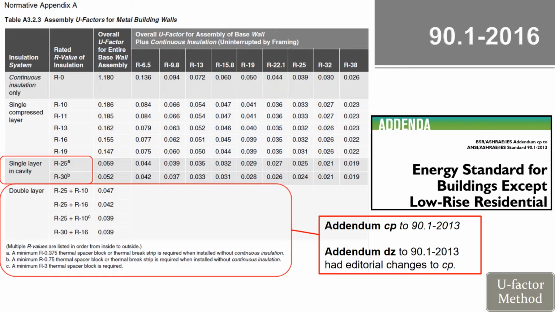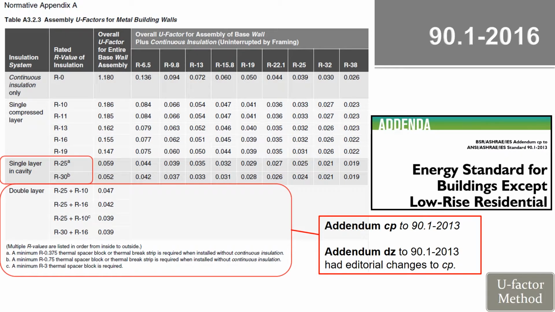So what Addendum CP did was provide a single layer in cavity, so R25 and R30, and 2 layers of insulation for the wall. Also, there was a second addendum shown here, DZ, which just provided some editorial changes within Addendum CP, and it reorganized this table to provide a clear understanding that continuous insulation only is an option, and then it breaks it down with the fiberglass systems.